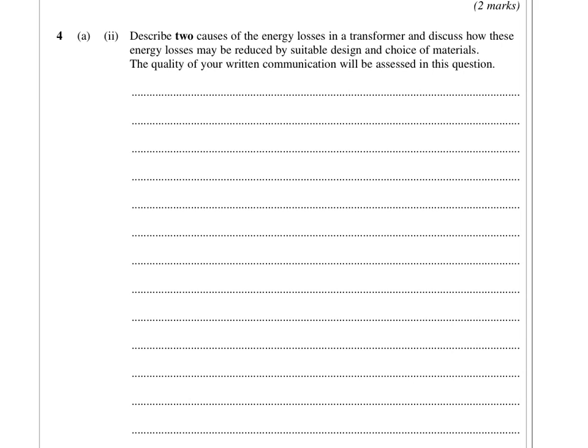So one of the sources of loss is heating loss in coils. The coils have current and they have resistance, therefore you're going to be dissipating some energy as heat.